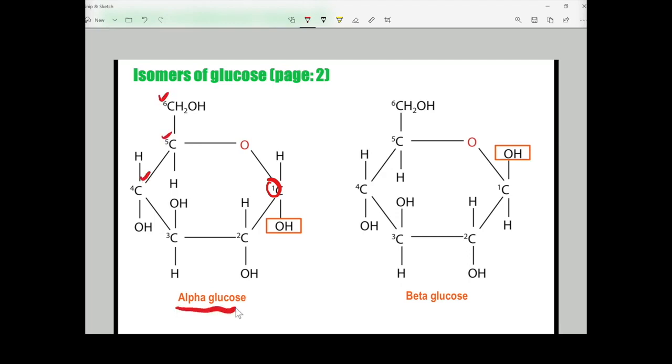Now, as we said, glucose has 2 forms. It could be alpha. In alpha glucose, the OH on the first carbon is pointing down. In beta glucose, the OH is pointing up. Most of the glucose molecules that we're going to be studying here are alpha glucose.